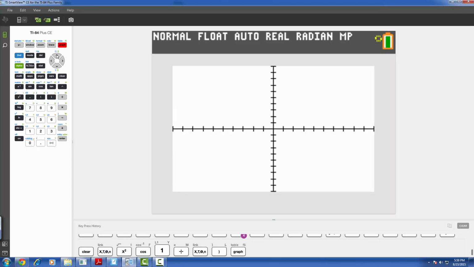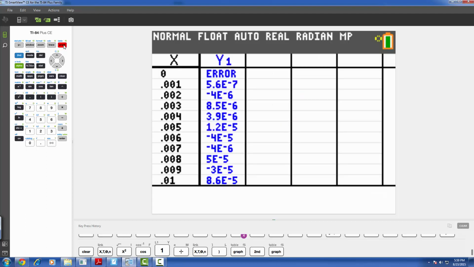Hitting graph, we end up with the following function. It looks to be about 0. Even if we hit second table, we see that this is a very, very small number, really close to 0. And I would imagine on the other side it would be as well.